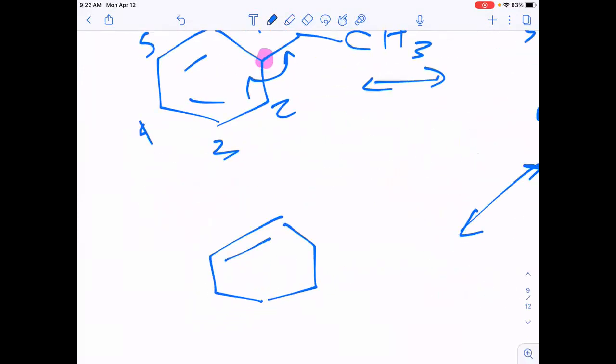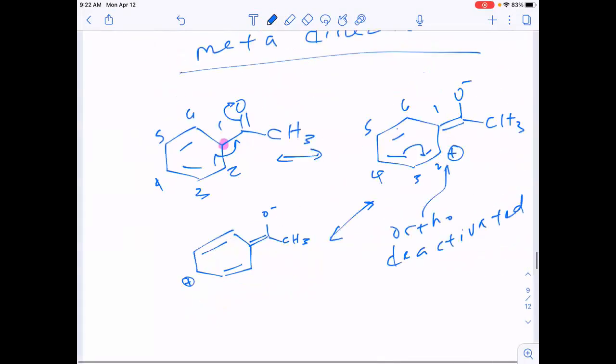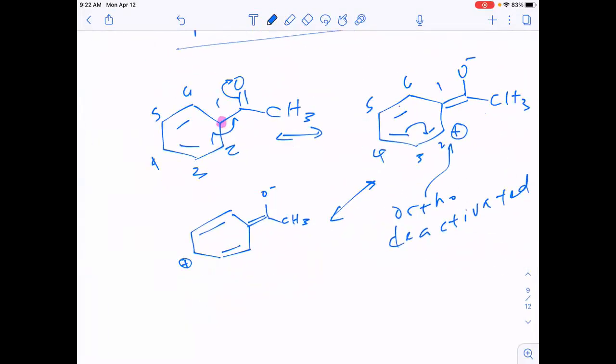Right here, that's positive now. Is that the right resonance form? Yes. Where's the plus charge now?